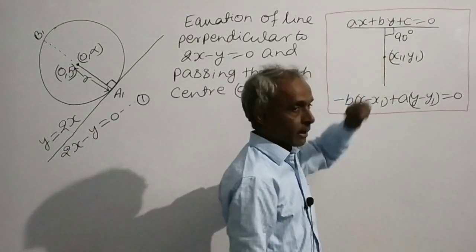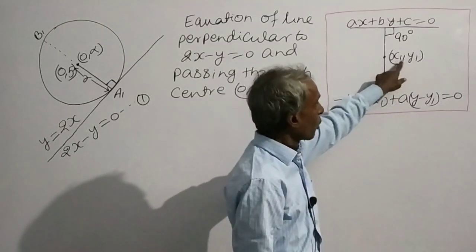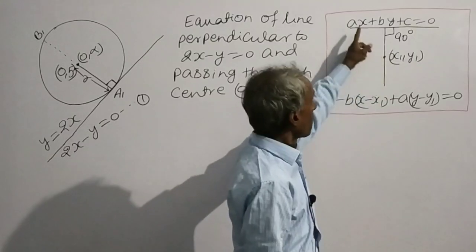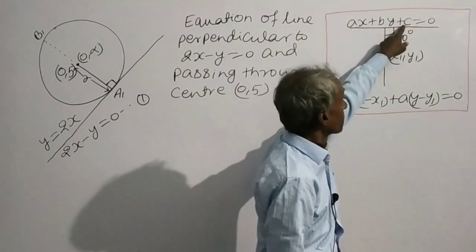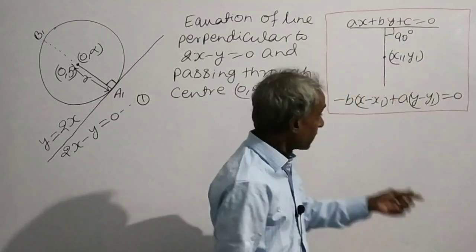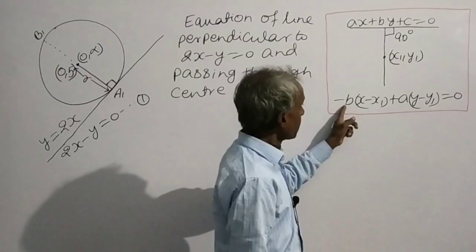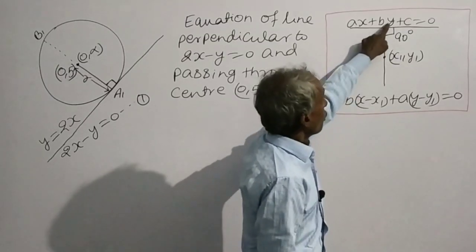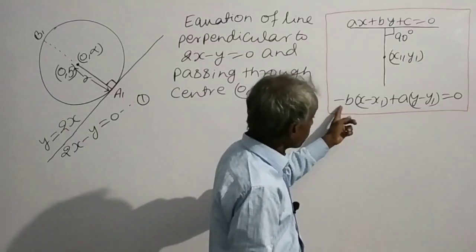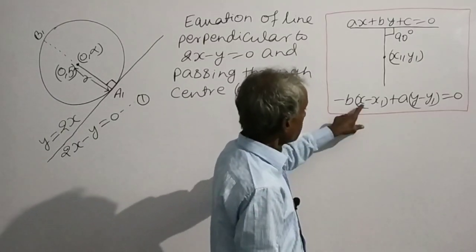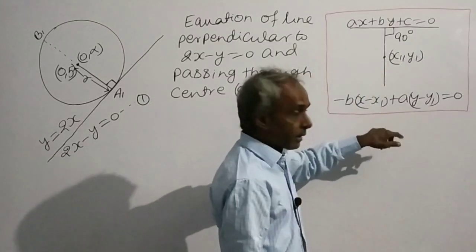This is the formula. The equation of any line passing through point (x1, y1) and perpendicular to the straight line ax plus by plus c is equal to 0 is minus b times (x minus x1). Minus b means the coefficient of y after changing its sign. Then we write x minus the x coordinate of this point.